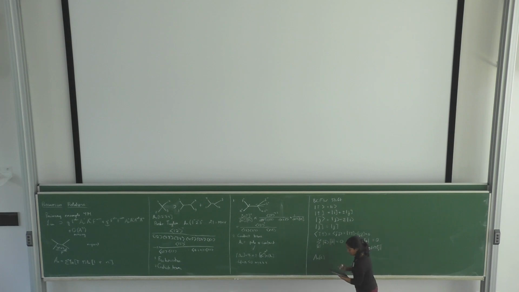Good. Obviously, the actual amplitude we're interested in is not A_n of z. This is some shifted, non-physical, weird object. What we really want is z equals 0, where the physical amplitude lies.